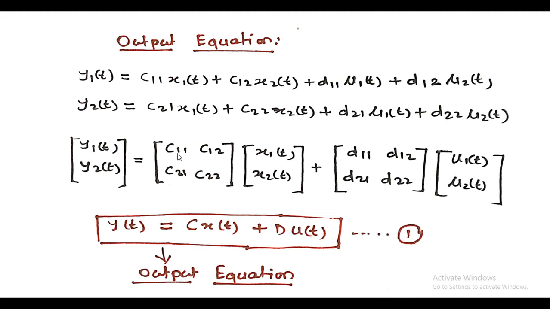So this is C11 into x1t plus C12 into x2t, plus d11 into u1t plus d12 into u2t. Similarly, C21 into x1t, C22 into x2t, plus d21 into u1t plus d22 into u2t. So the multiplication is done like this.